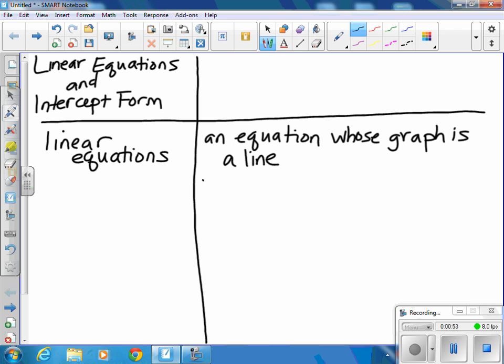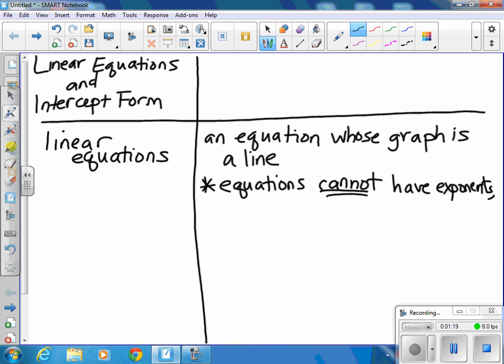Right. Now, there are three certain rules, if you wish, that qualify for an equation to be nonlinear or linear. Equations cannot have exponents, variables in the denominator, or variables multiplied together.